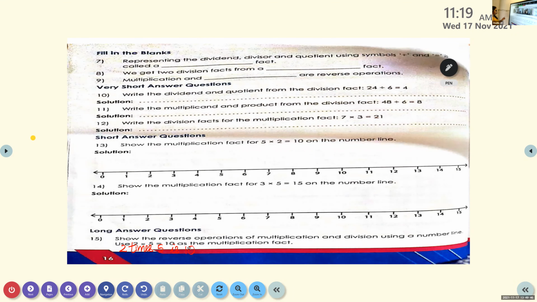So, according to the second number, you have to circle the numbers from 0 till the product, from 0 to 10, not all the numbers, only according to the second number. The second number is 5. So every fifth number is to be circled. The first number should be 0. The last number should be 10.